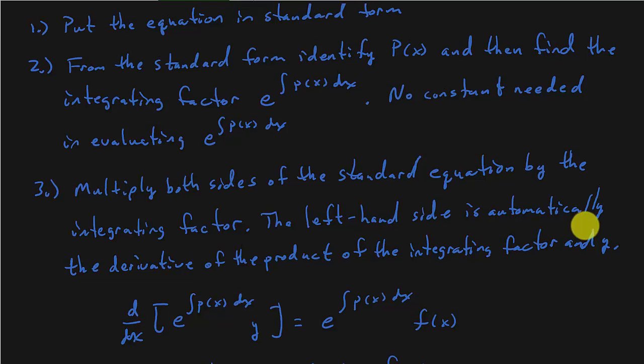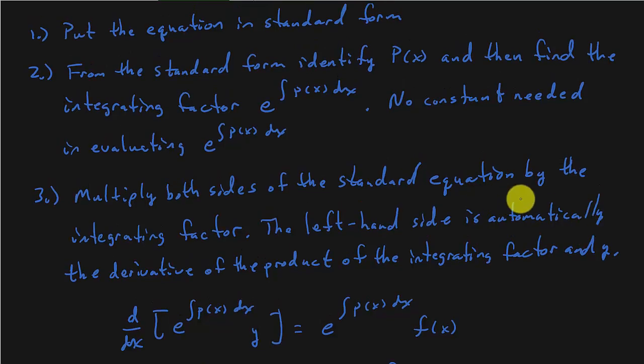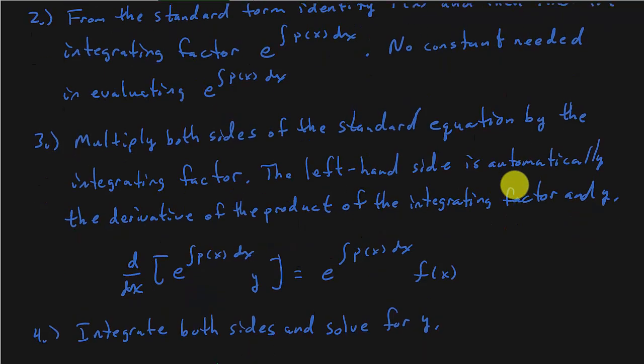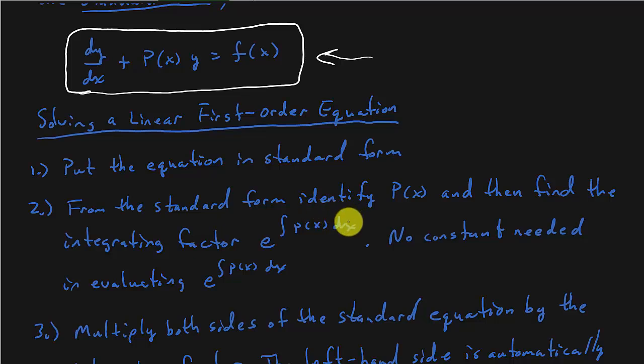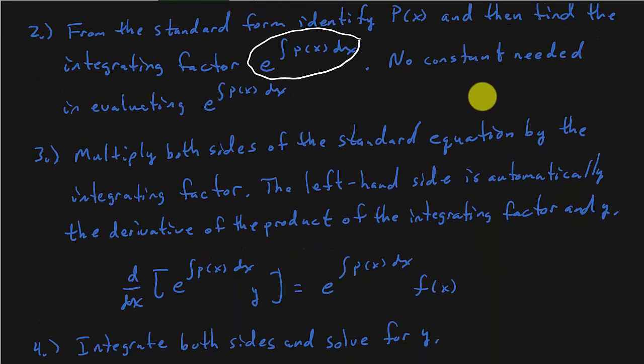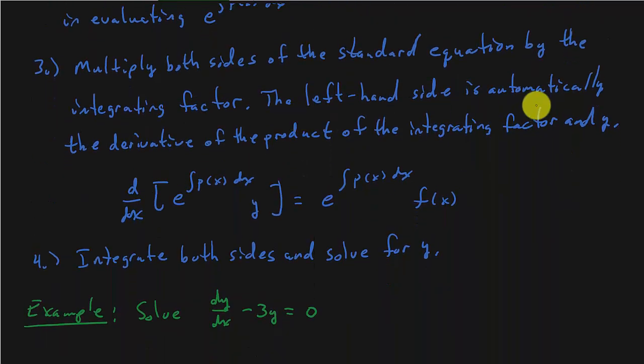And then we multiply both sides of the standard equation by the integrating factor. Basically, we're taking this term, whatever we get here, and multiplying it times each term in standard form. The left-hand side is automatically the derivative of the product of the integrating factor and y.